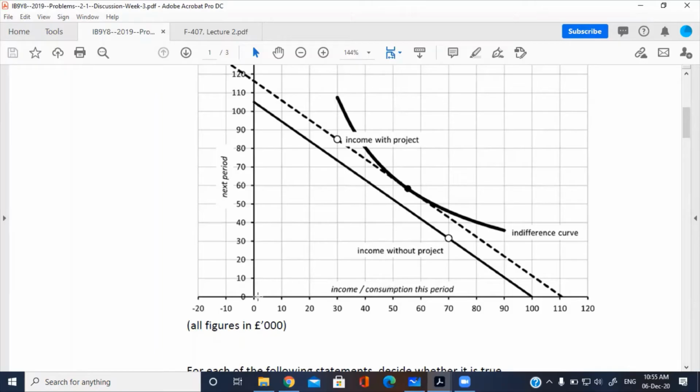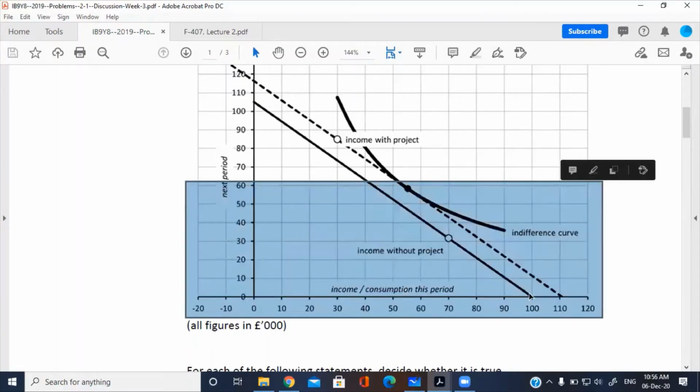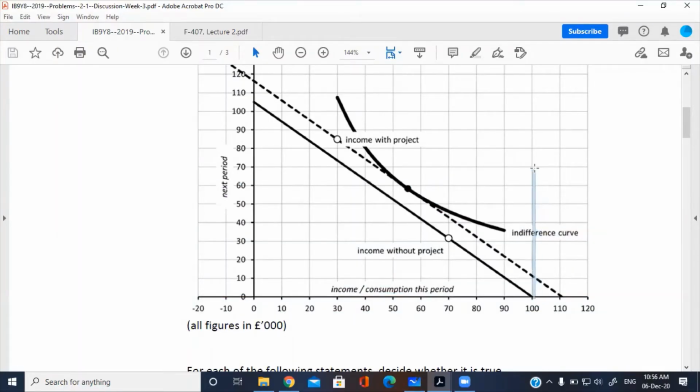With zero future consumption, you can consume 100 currently. And with the project, that is 110. The difference between 110 and 100 is 10. That means by taking the project, you can increase your current consumption by 10,000. That is the NPV yielded by the project you want to undertake.